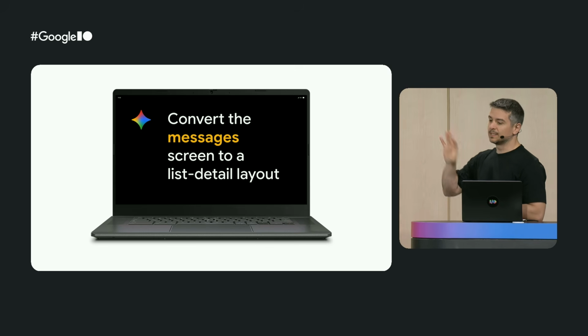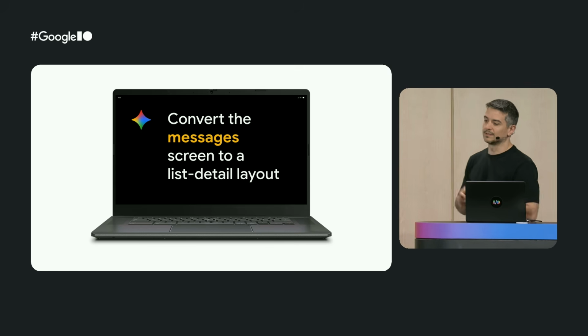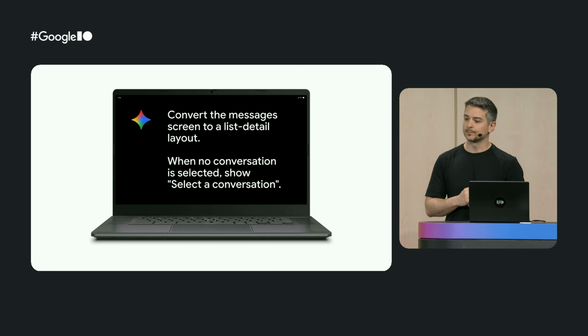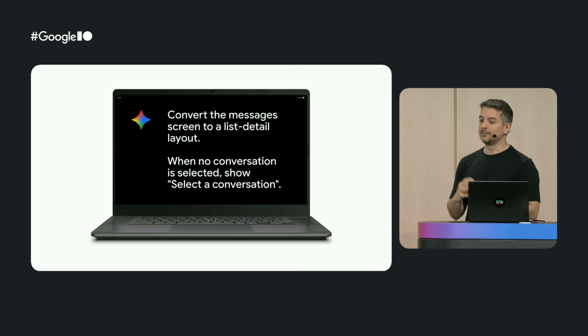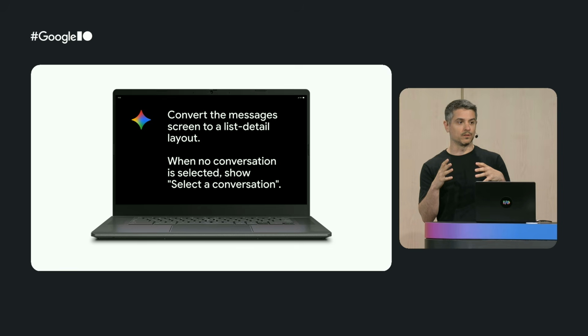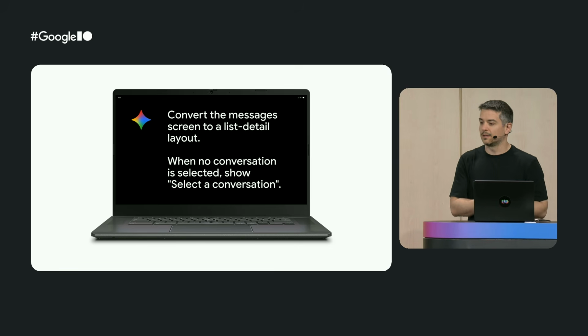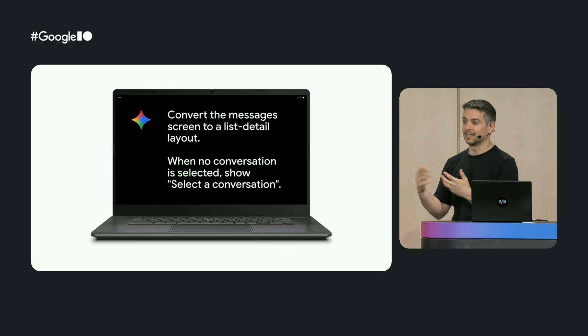So let's be explicit about what we want and go step by step. Let's convert the messages screen to a list detail layout. Also, it's better to be specific in the prompt rather than leaving it up to the AI. So you might want to decide now if you want to show maybe the first conversation, or instead a placeholder when no conversation is selected yet.